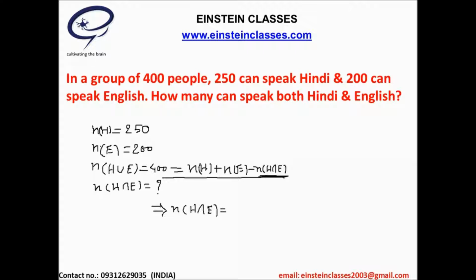That means these two values will become 450, and from very basic calculation you can get the number of elements in H intersection E will be equal to 450 minus 400, which comes out to 50. This one is the total number of people who speak both Hindi and English.